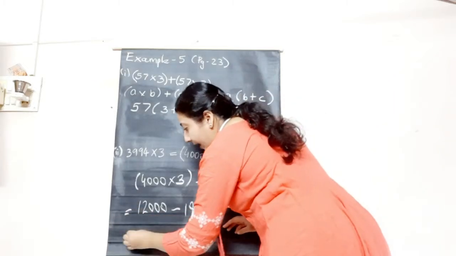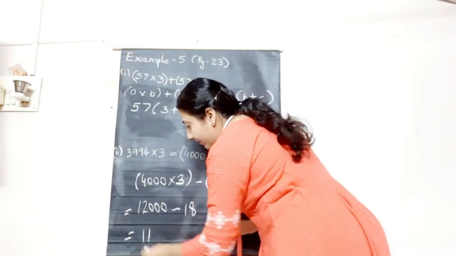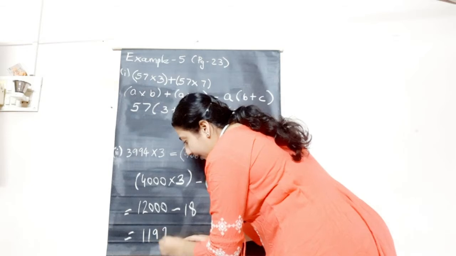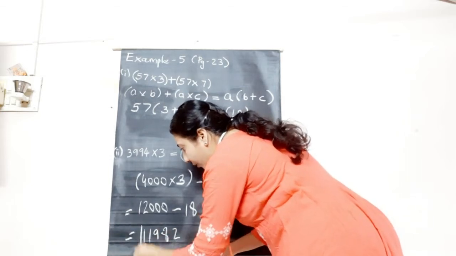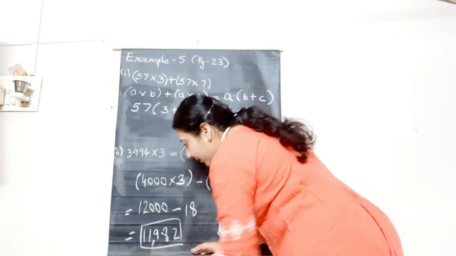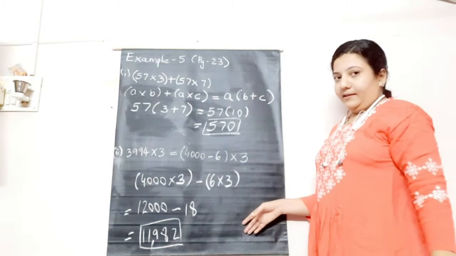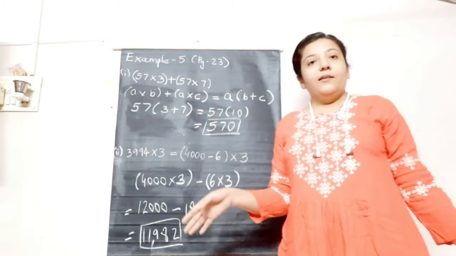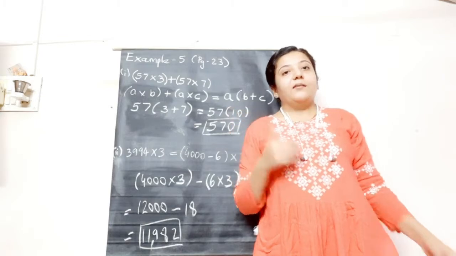So what will be your answer? Your answer will be 11982. Don't forget to put a box around your final answer. So this way we will solve the exercise also.